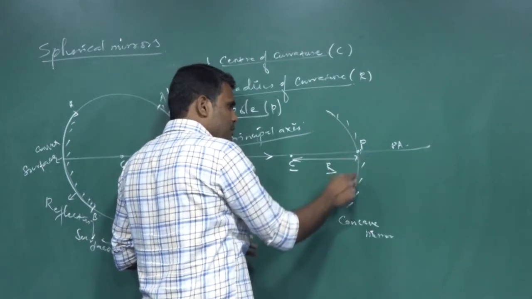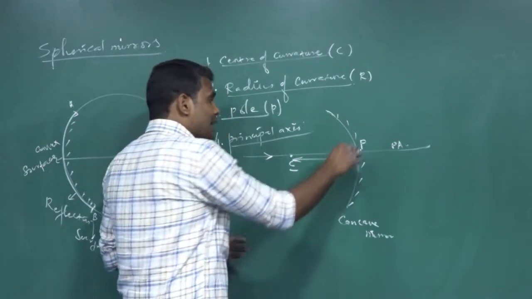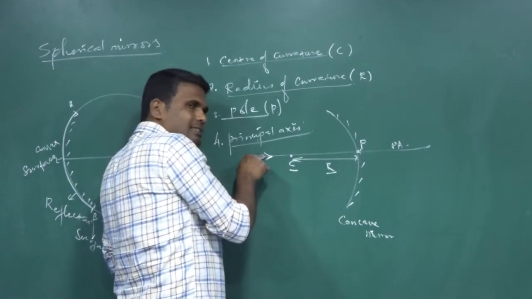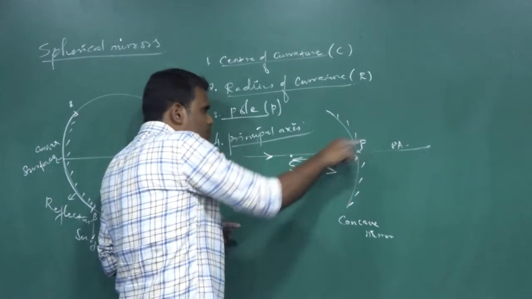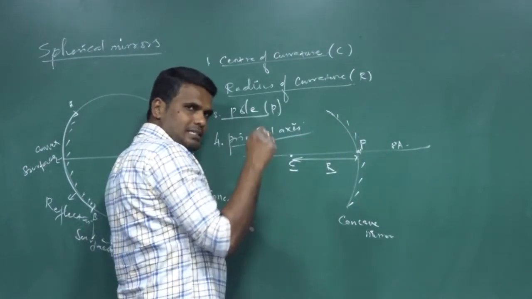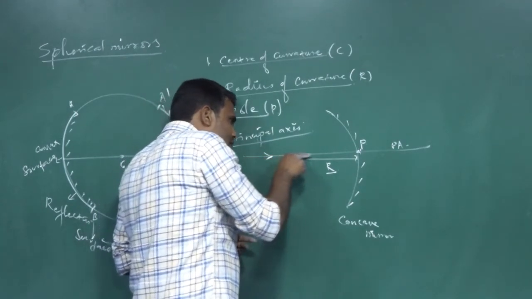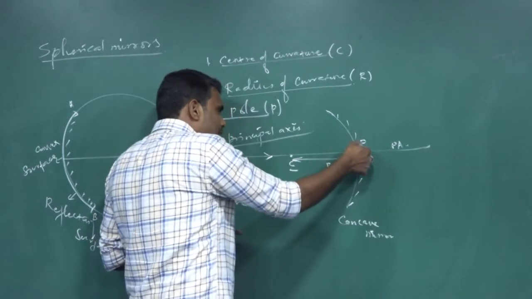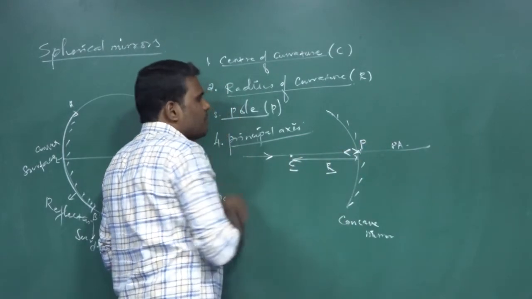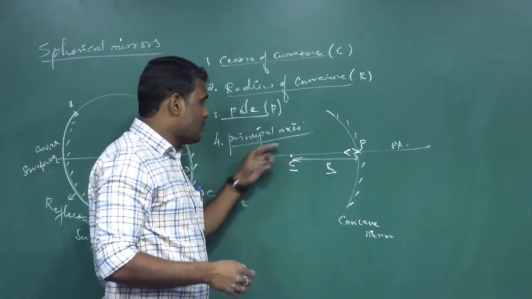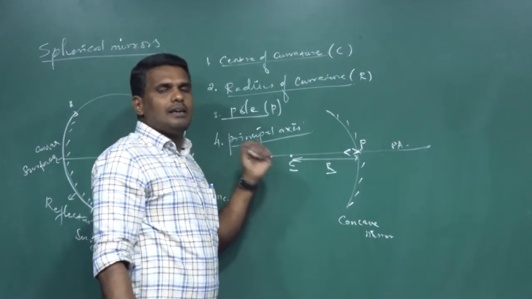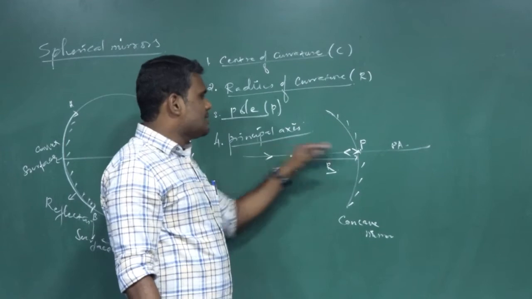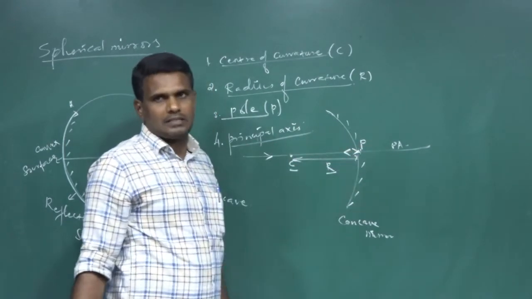After reflection from the spherical mirror, where the reflection takes place at the pole because the principal axis passes through the pole, the light ray travels back along the same principal axis in the opposite direction. This happens only when the light ray is incident on the pole along the principal axis.